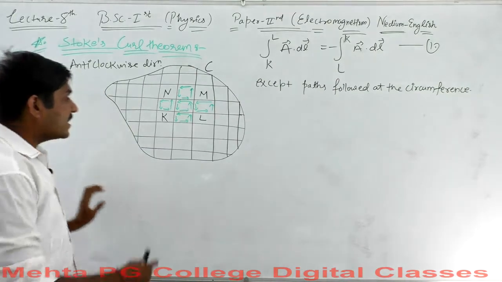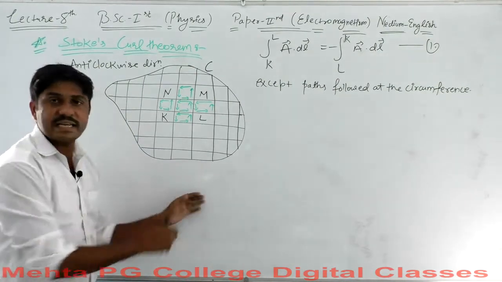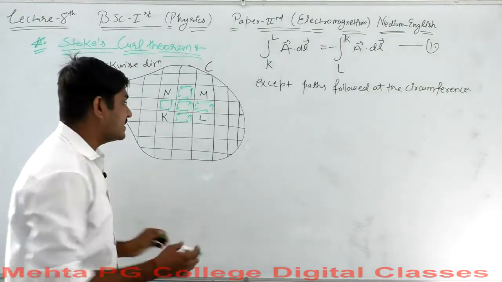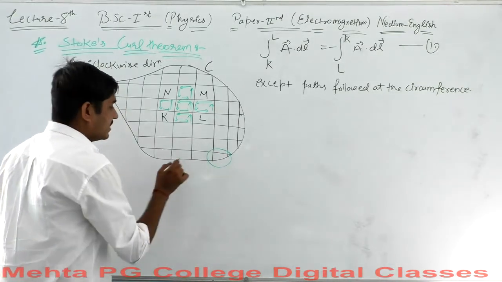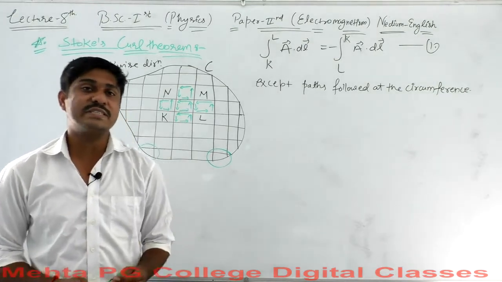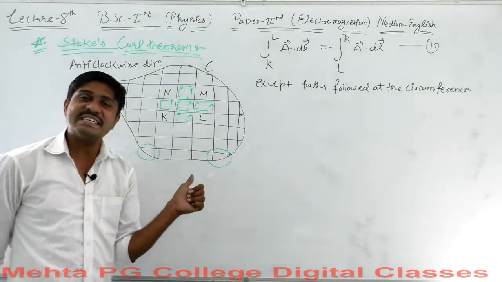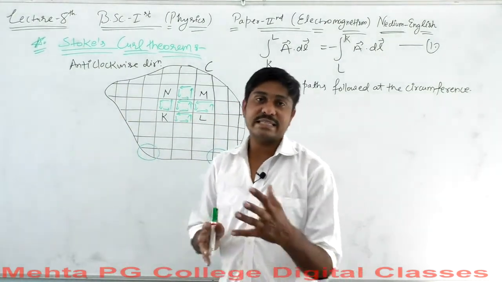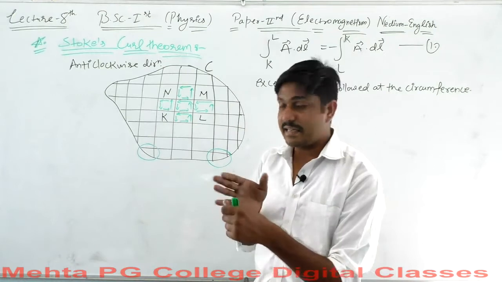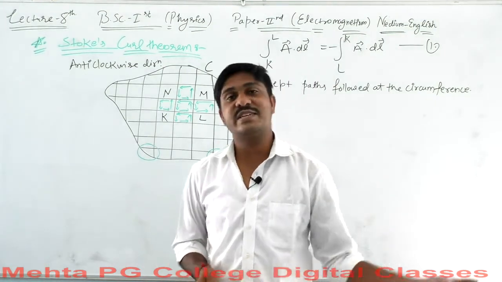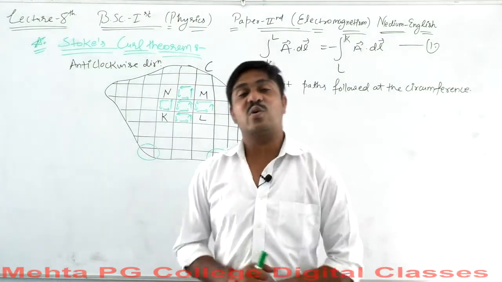If a particle traveling here has a different direction, certainly a different position vector, then the law sometimes fails, because there is not a perfect path here, and we cannot direct the constituent particles in a particular direction. We cannot say whether it is following a clockwise manner or an anti-clockwise manner.